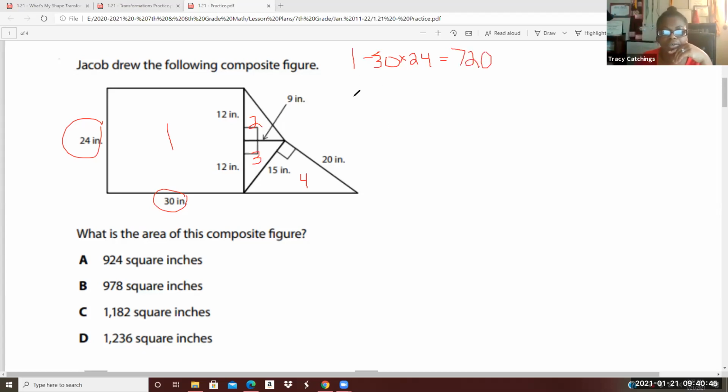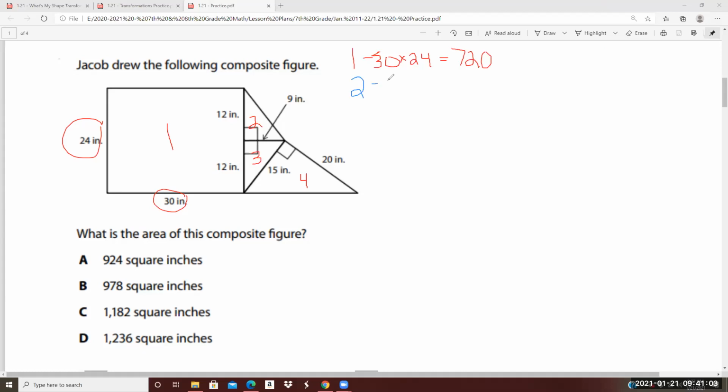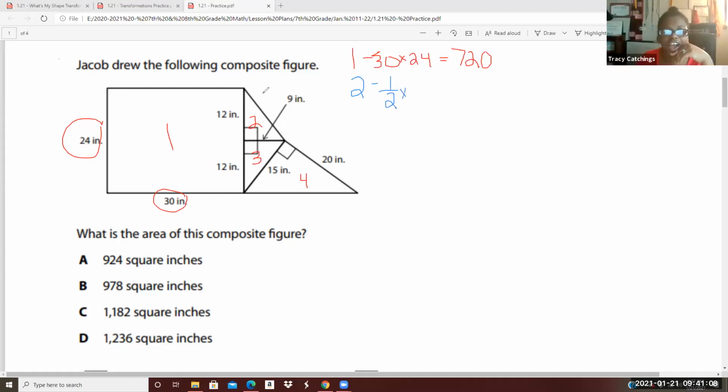Shape number two, what would you call it? A triangle. How do we find the area of a triangle? One half times base times height. Thank you. All right, so looking at triangle 2, what would be our base and height? 9 and 12.